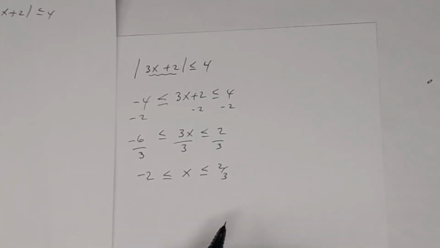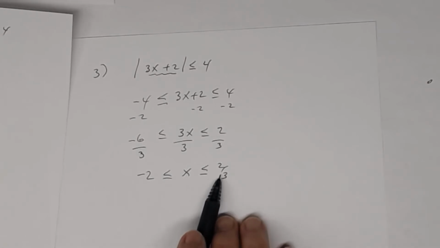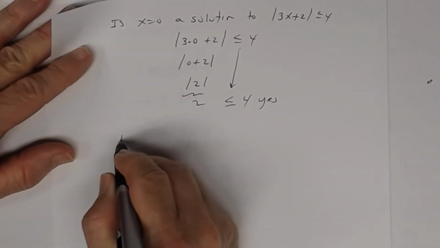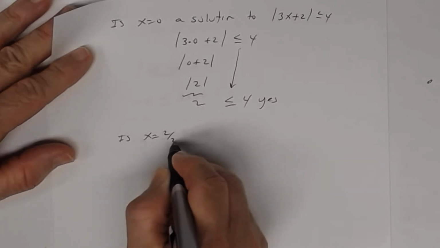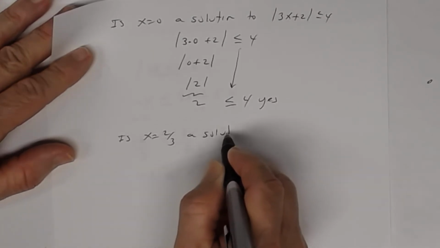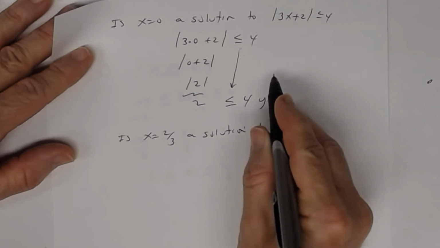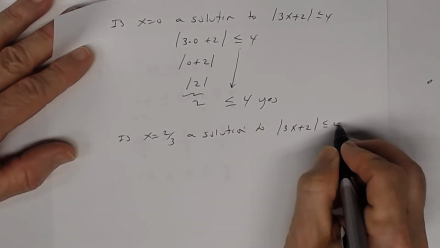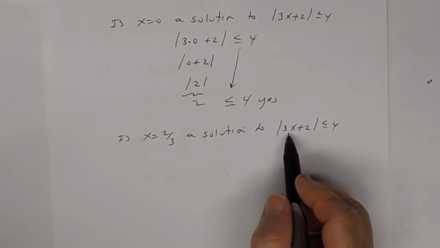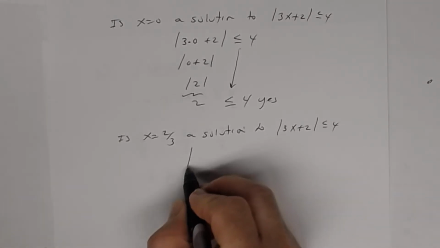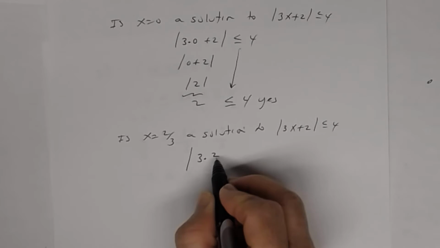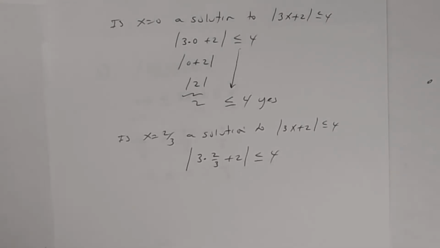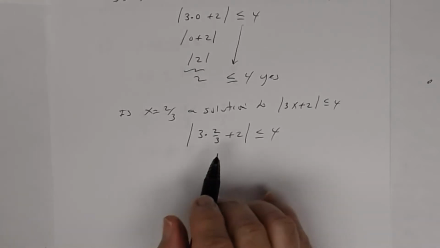Okay? 2/3 is a solution, right? So let's see why. Is x equals 2/3 a solution to this absolute value inequality? In place of x, I'm going to substitute 2/3. So I get the absolute value of 3 times 2/3 plus 2, and I want to see if that's less than or equal to 4.